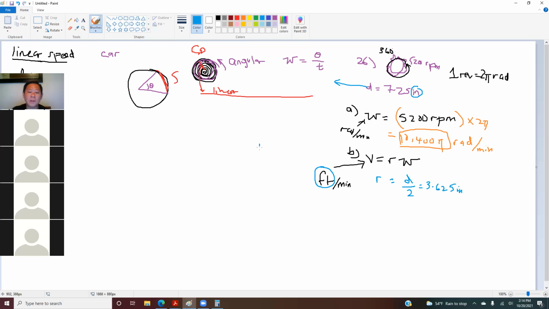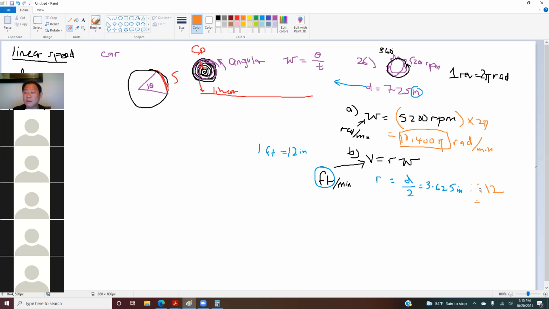Can someone tell me one foot is how many inches? 12 inches. So to convert inches to feet, should we multiply by 12 or divide by 12? Divide.